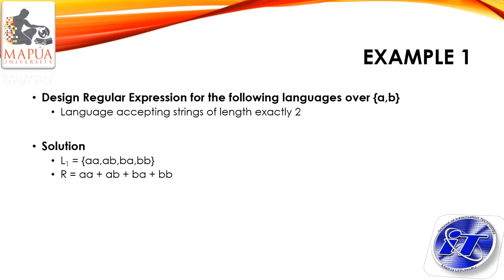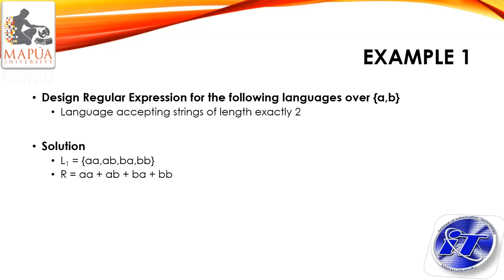But unfortunately, this representation of the regular expression doesn't seem to reflect the length exactly 2 when you see this regular expression. So why not manipulate it, rewrite it, apply the identities so that there is a possibility that it will be more representative of our length exactly 2.